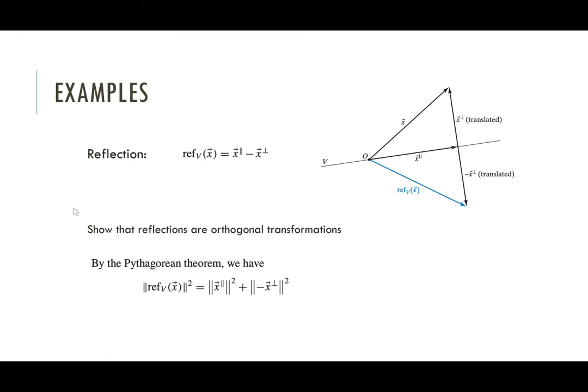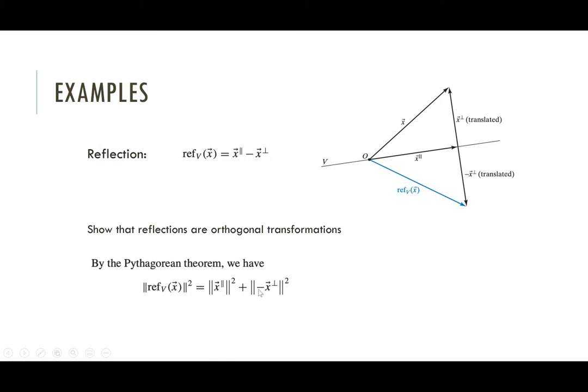So notice that by the Pythagorean theorem, the length of the reflection is actually the hypotenuse of a right triangle. And this is true even in higher dimensions because remember, by definition, x parallel is perpendicular to x perp. So, okay, by the Pythagorean theorem, the square of the hypotenuse is equal to the sum of the squares of the legs.